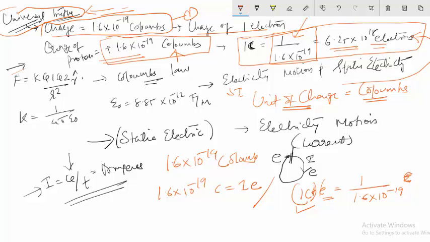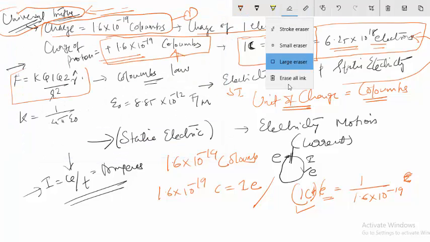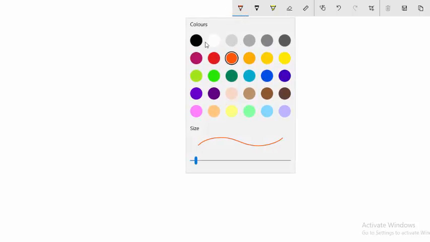Again, some other things we have found is that when you are dealing with static electricity, you have to consider two things.